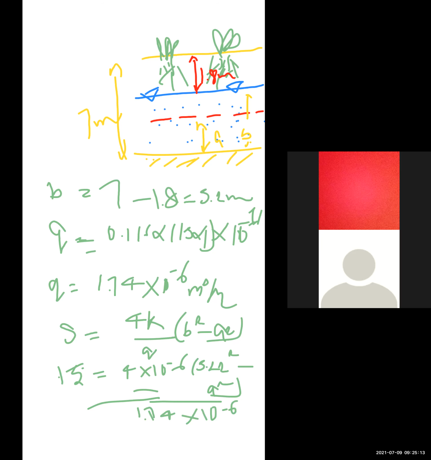So while solving this, value of A equal to 4.53 meter.